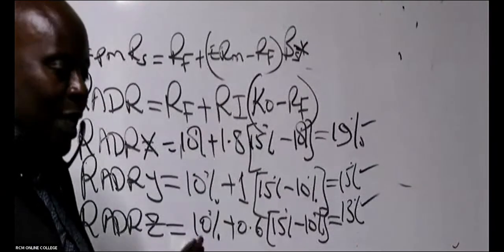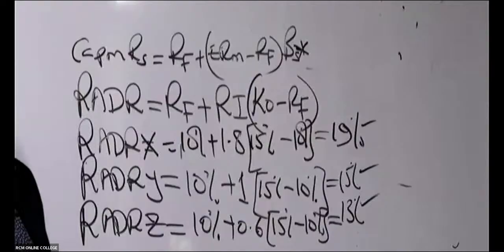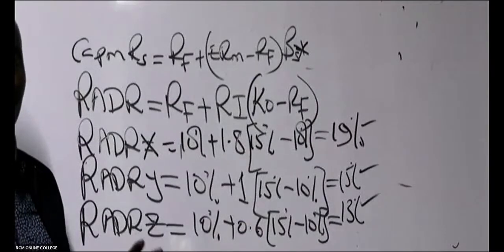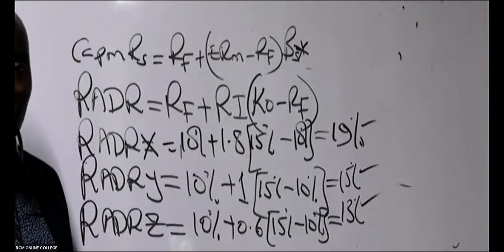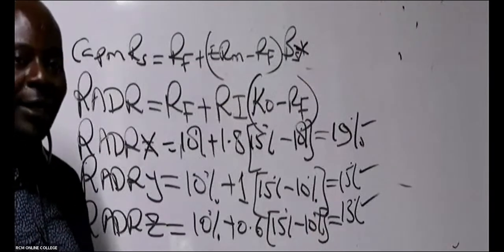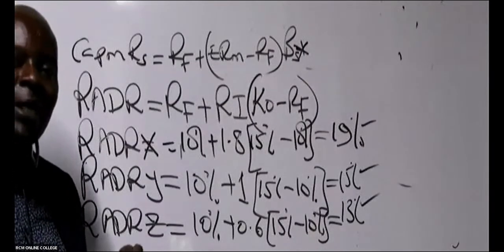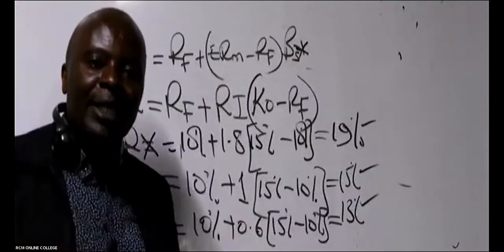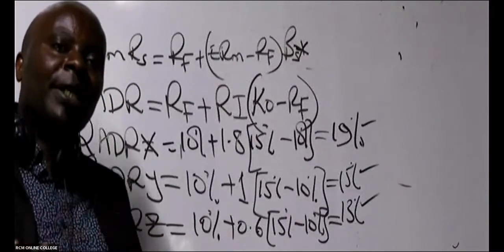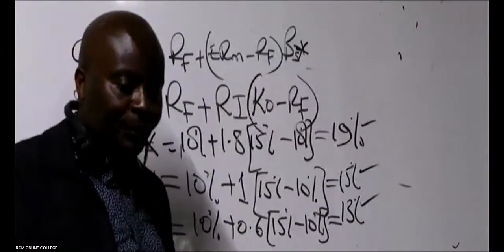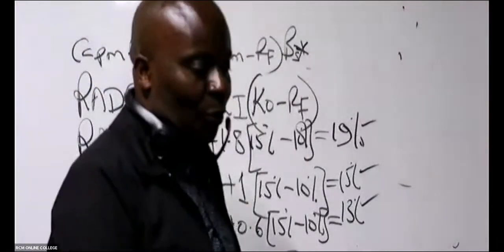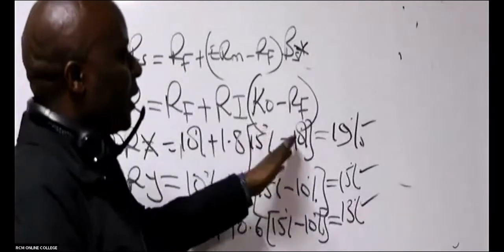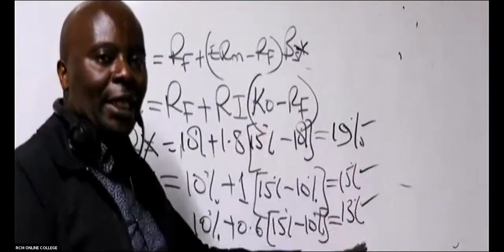So are we okay with RADRI computations? The examiner should not confuse you with beta and risk index. Remember, beta is used to measure systematic risk. Beta is the risk index for systematic risk. So automatically it means that our projects here have got different risks.